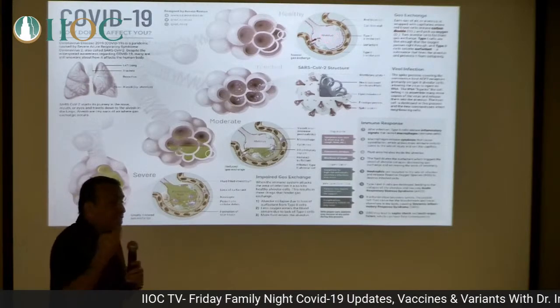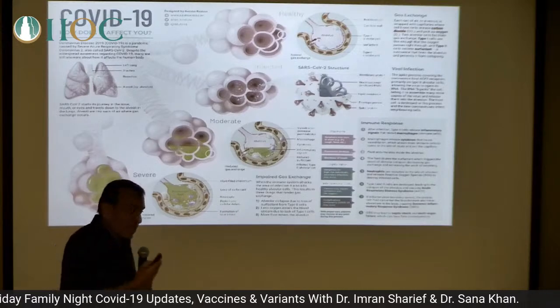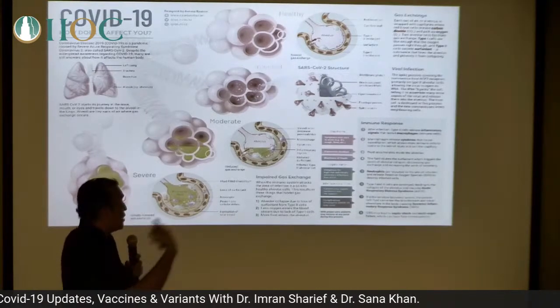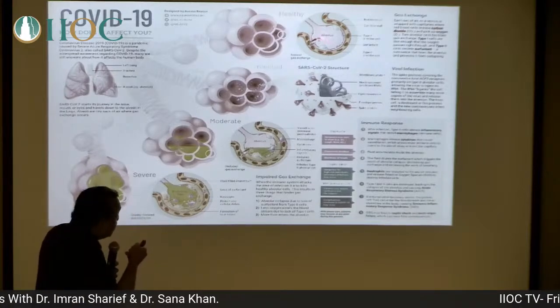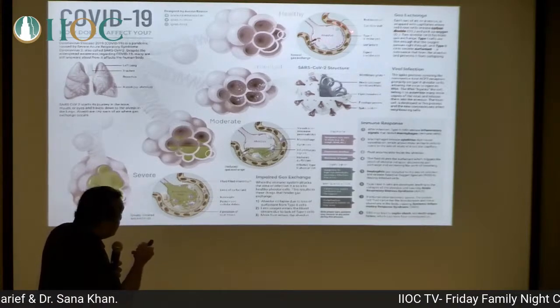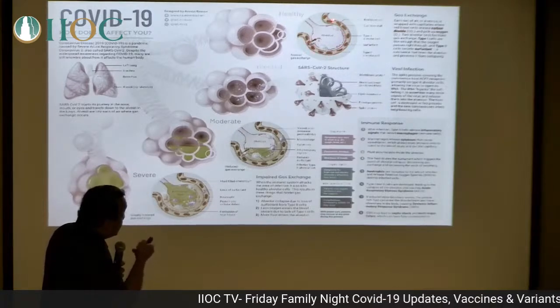This is where you have the exchange of carbon dioxide with oxygen. All of us know that's what happens when we breathe: we breathe in oxygen, we breathe out carbon dioxide. Each alveolus is surrounded by something called a capillary, very small, tiny little blood vessels, okay?